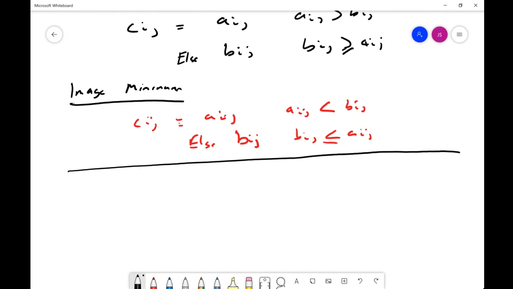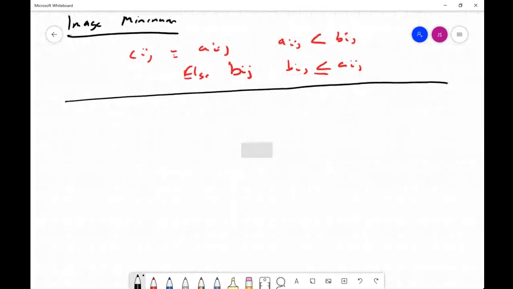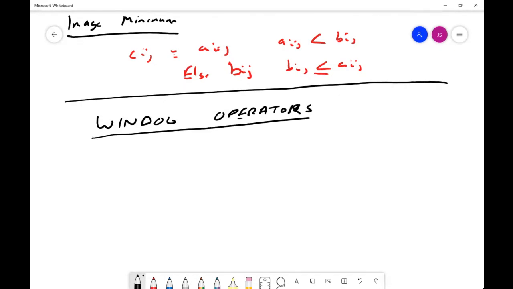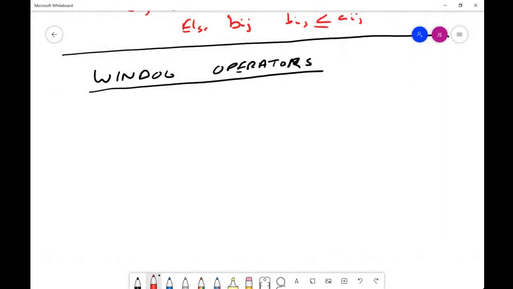Now we come to more important operators, the third class of image processing operators, which are window operators. And the schema for a window operator: take an image, and instead of taking a pixel from the input image, you take a window of pixels.